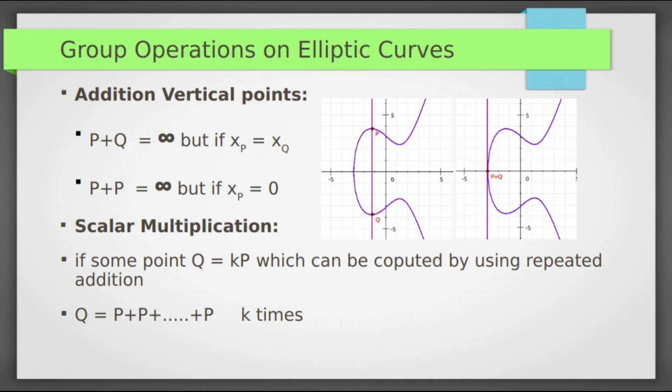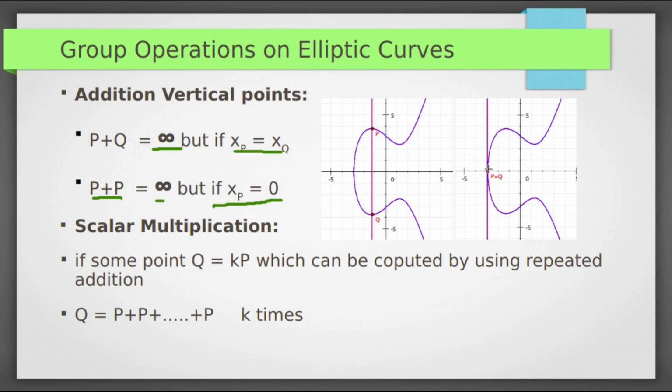Addition of vertical points. If P and Q have the same x coordinate, the line joining them will be vertical and R will not exist. So in this case, we call P + Q the point at infinity. This is the special case. If the y coordinate of point P is 0, then P + P will be infinity.